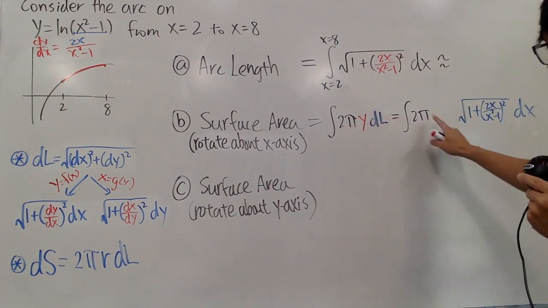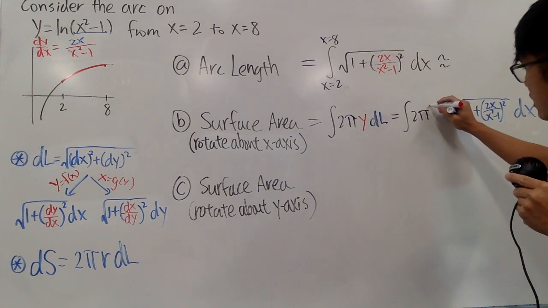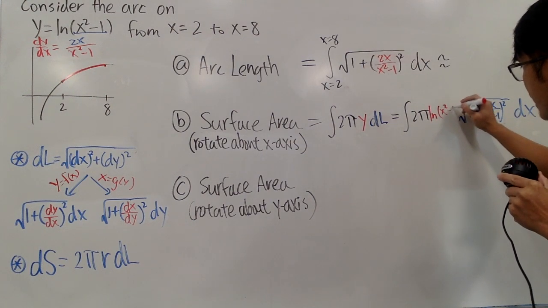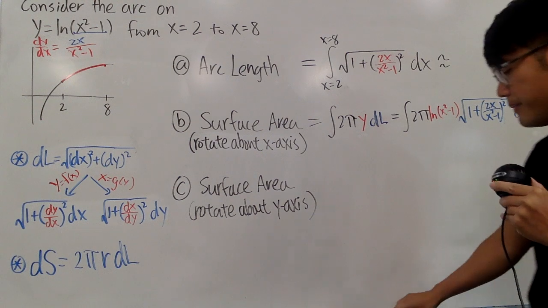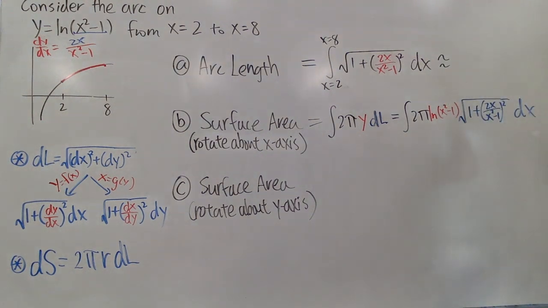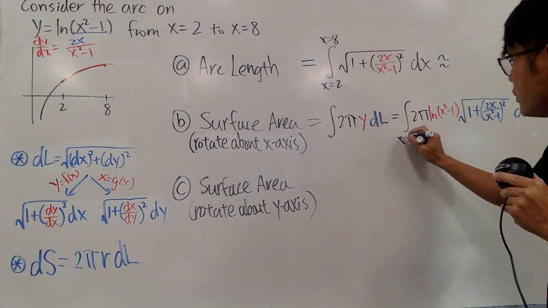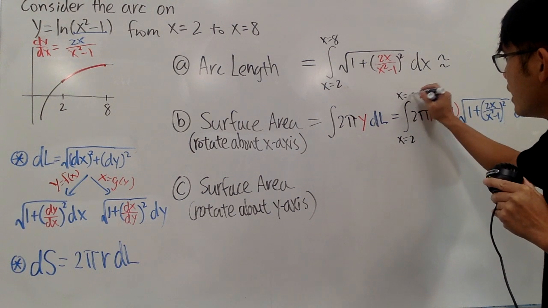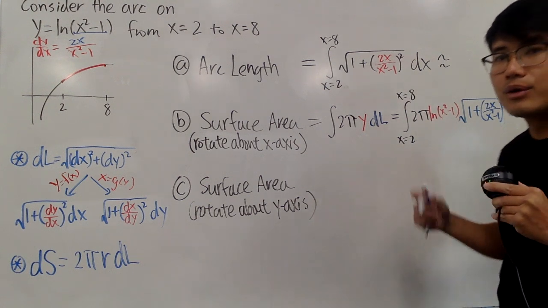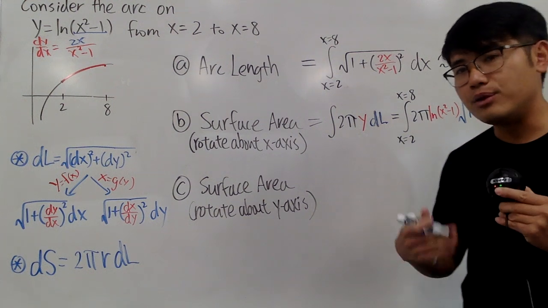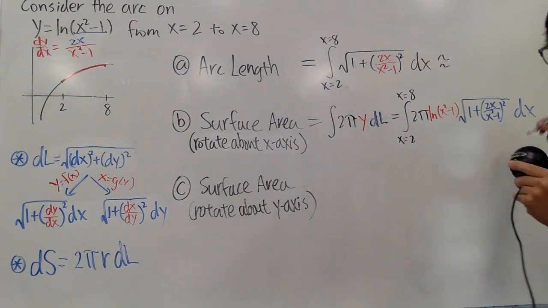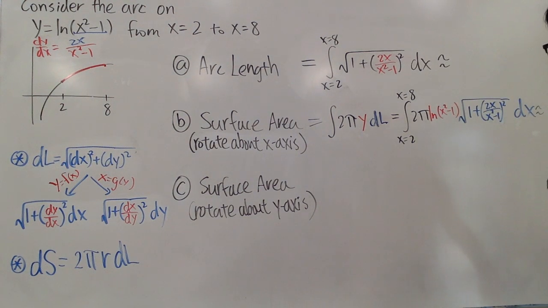So write down this y as the natural log of x squared minus 1, like this. And because we're in the x world, we are going to go from x equals 2 to 8, like that. So this right here is again the setup, and you guys just use the calculator to do the approximation for us. So that'll be cool.